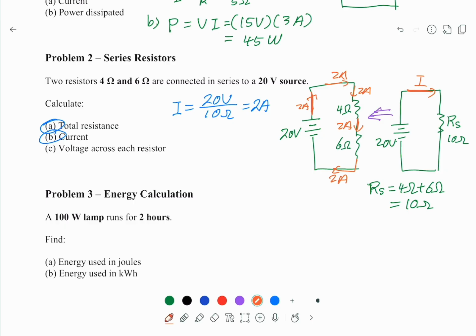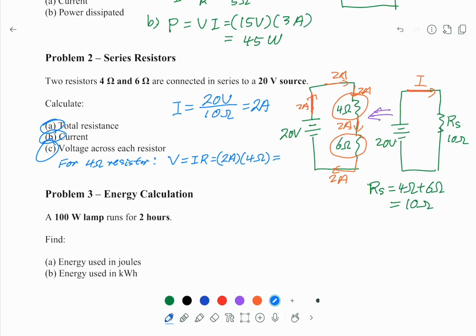So we can now apply Ohm's law on the 4 ohm resistor, and same, we apply Ohm's law on the 6 ohm resistor and find the potential difference across each resistor. For the 4 ohm resistor, V, the potential difference across this resistor, is equal to IR. I is 2 amp, R is 4 ohm.